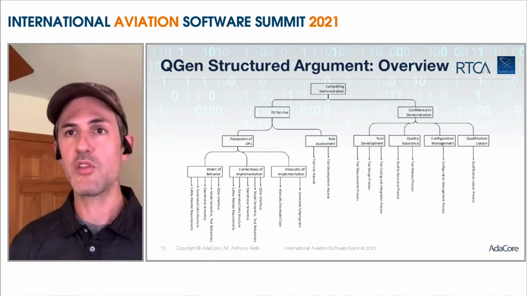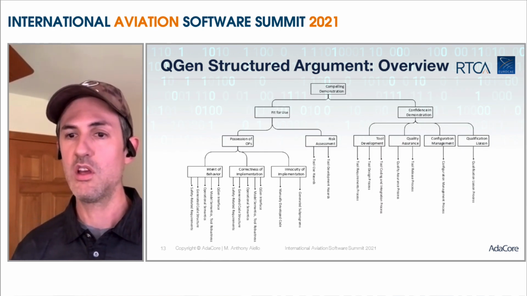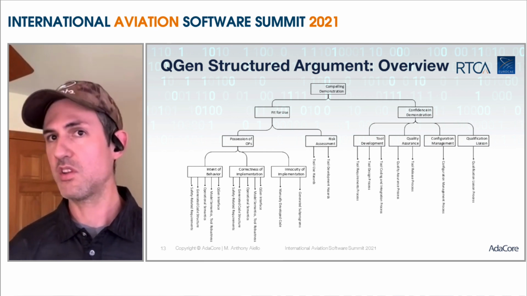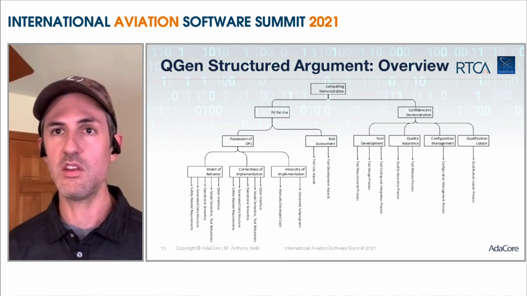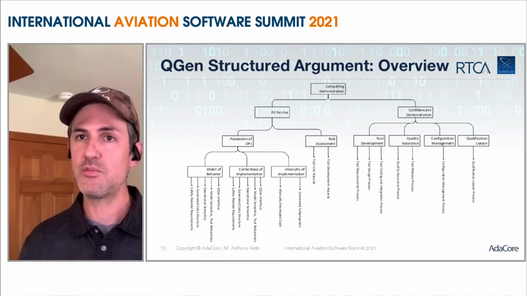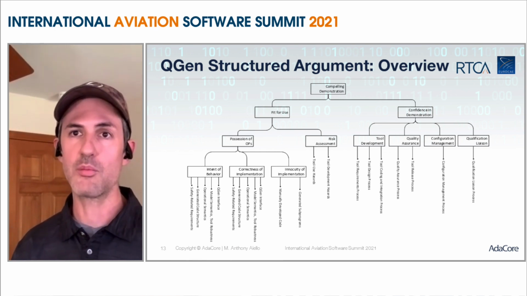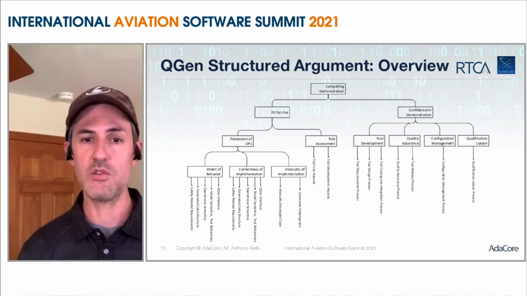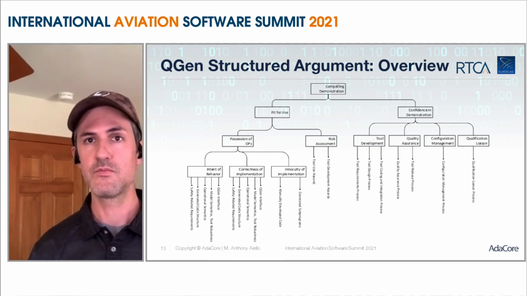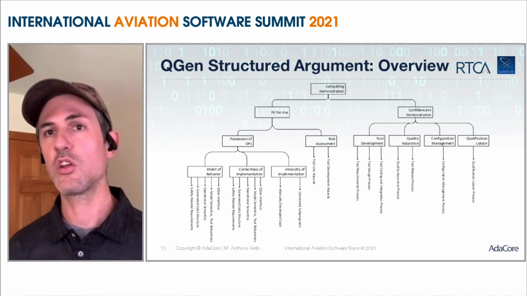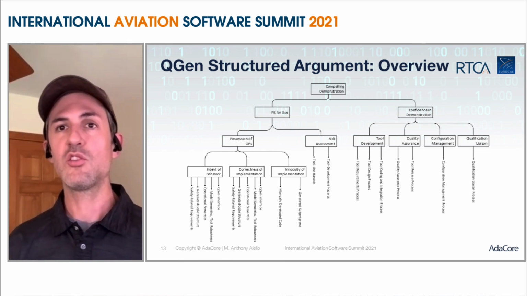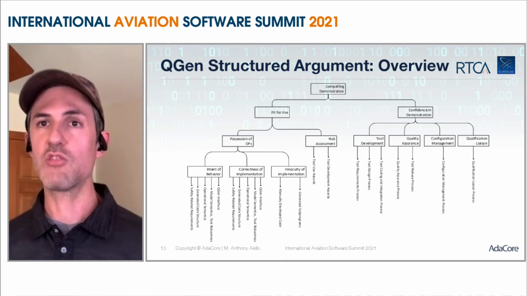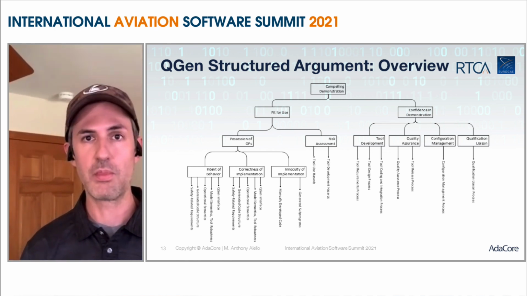So that's a summary of the approach that we're taking in QGen and the mechanics of how we're presenting the arguments. Now I'd like to pivot to a brief discussion of the content in QGen and how we're adapting the use of the overarching properties for the qualification of QGen. The QGen structured argument starts with an atomic argument that says we will make a compelling demonstration for the qualification of QGen.